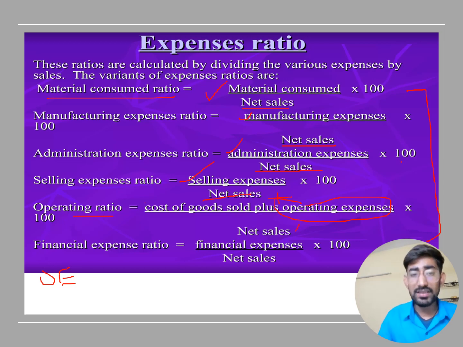In a similar way, just remember that in the case of the operating ratio, not the operating expense ratio, we club the operating expenses with our COGS, that is cost of goods sold, then divide by net sales and multiply by 100. In all the cases, the denominator is net sales. So you just divide those particular expenses by net sales into 100 to get the expenses ratio. I hope this is clear.